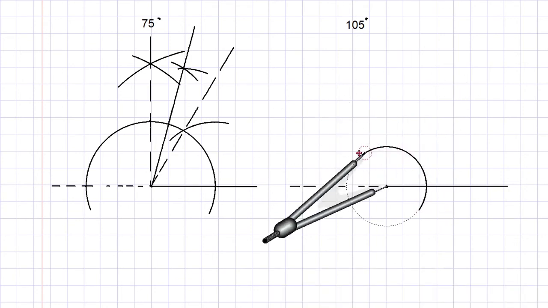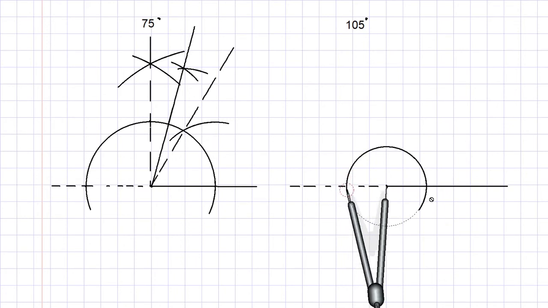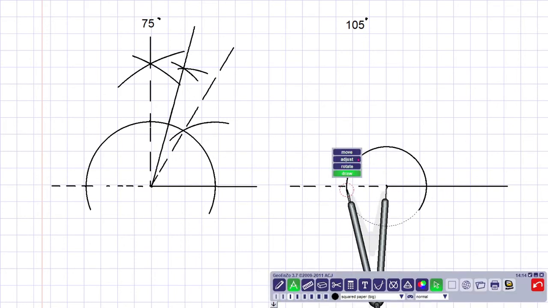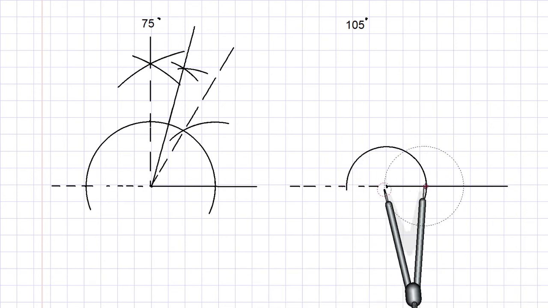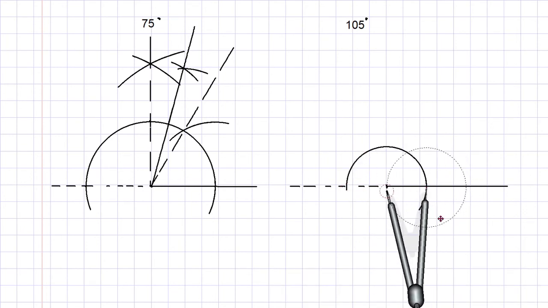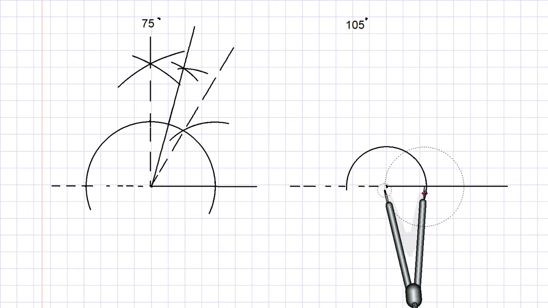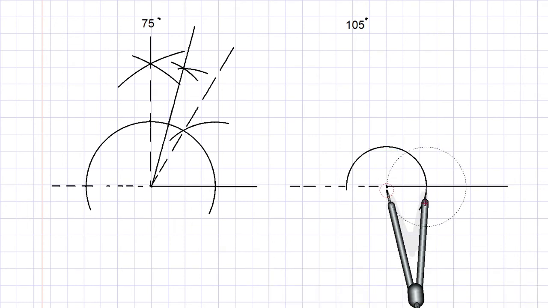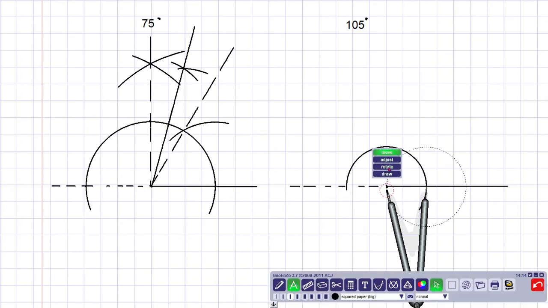Draw the arc. I want to construct this 120 degree angle, therefore I will keep the compass here without changing the radius. Keep the compass in the correct place.